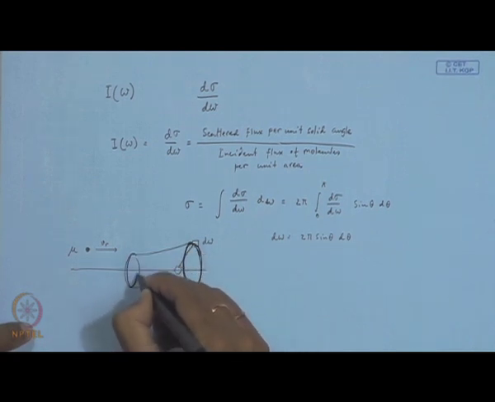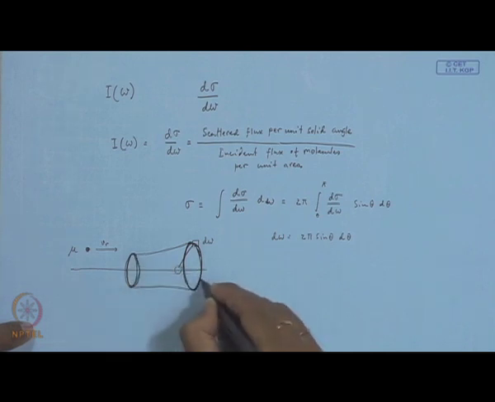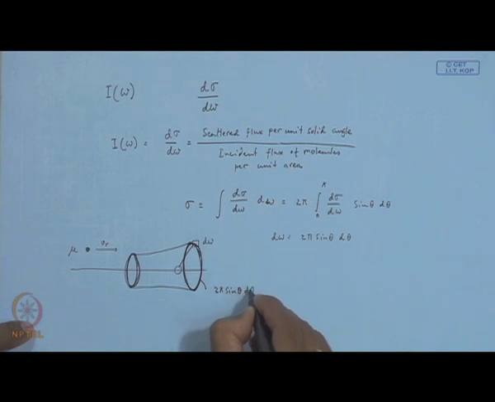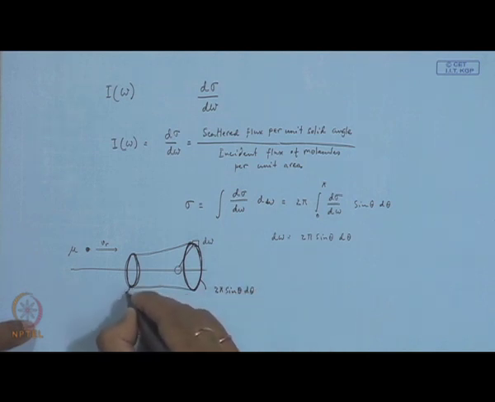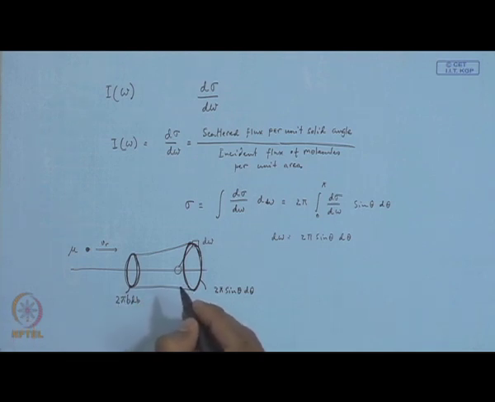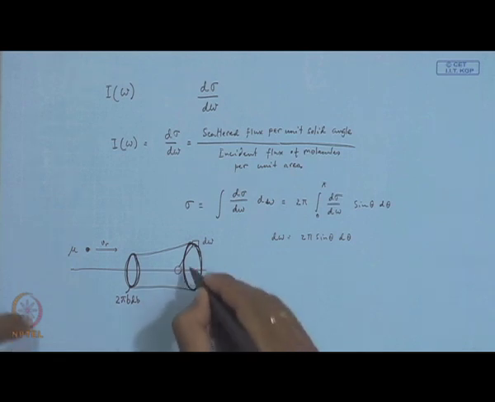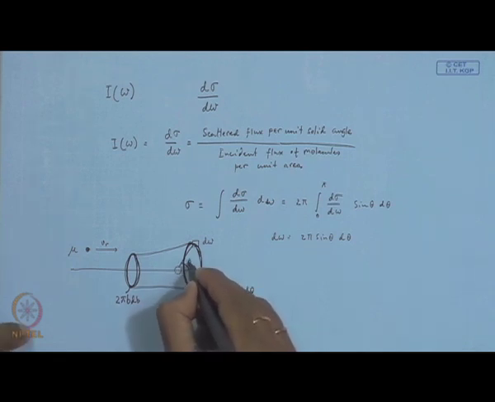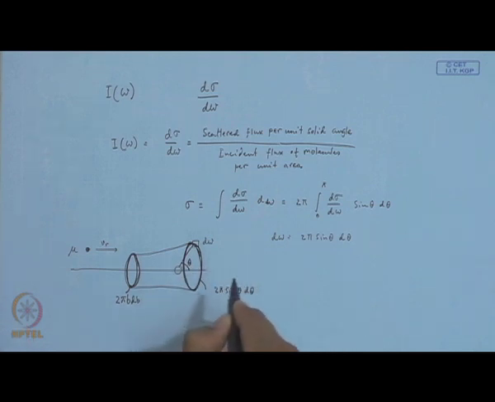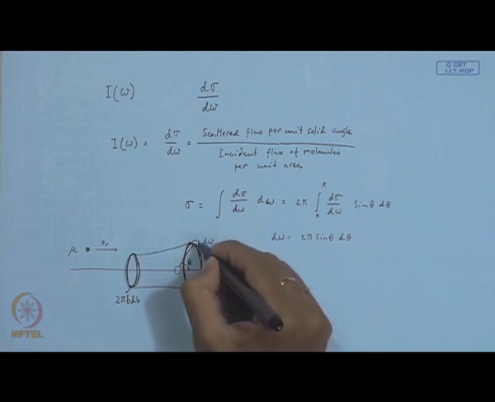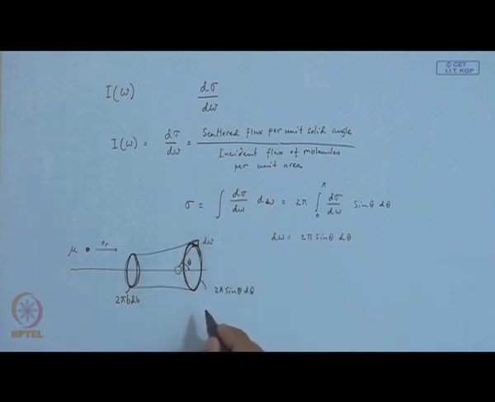This is also a strip. So this is your 2 pi sin theta d theta, and this is your 2 pi b dB. And this is your angle theta, maybe in the laboratory frame. So you have to have your detector over here, I mean, you have to detect in solid angle d omega.